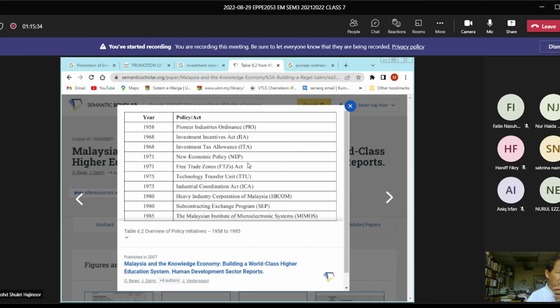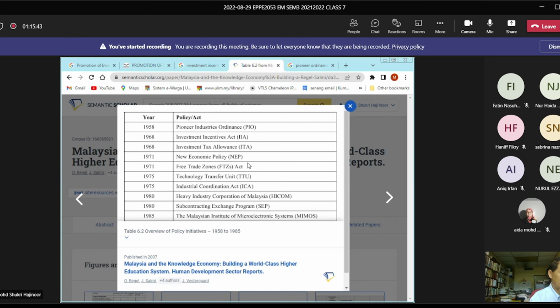Was the other one 1986? Not listed here. Or maybe investment tax allowance is one of the items in the promotion. So could be this table, whoever made this table made a mistake or what. But 1986.